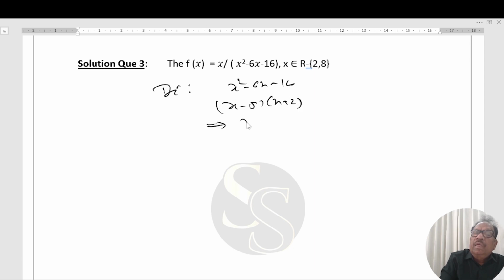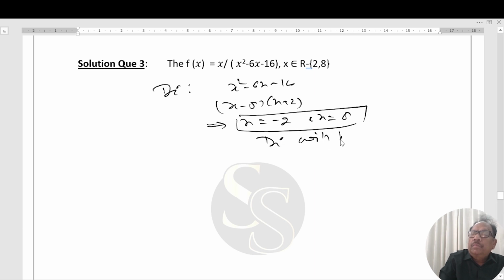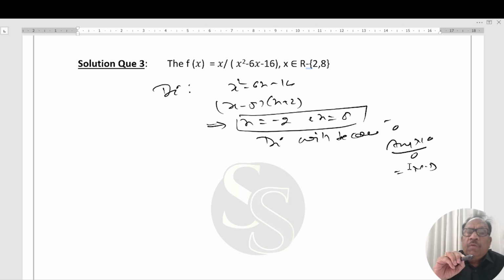In that case, x equal to minus 2 and x equal to 8 make the denominator become 0. Any number divided by 0 is non-defined. Therefore, in the question it is given that except minus 2 and 8. Right?